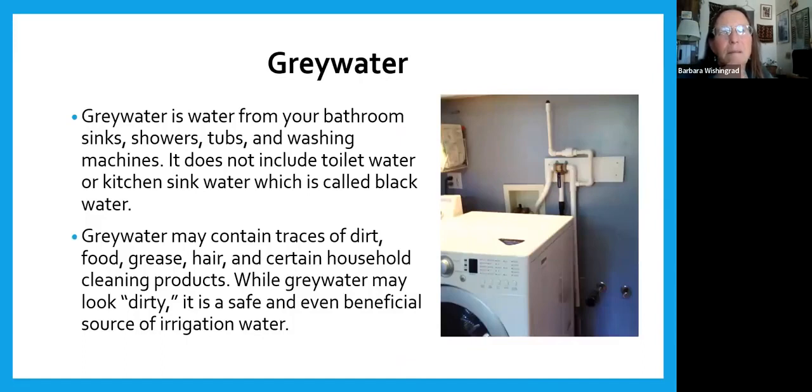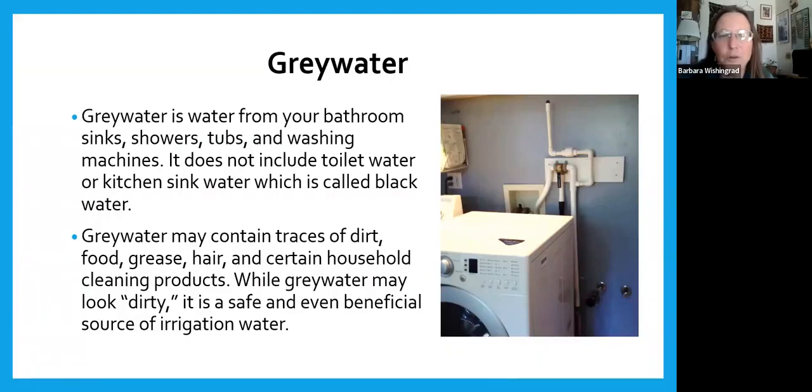Next. Okay, greywater is another great source of irrigation for your garden. We call it gently used water from bathroom sinks, showers, tubs, and washing machines.